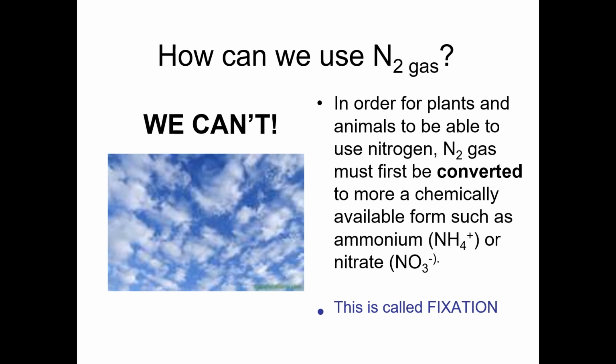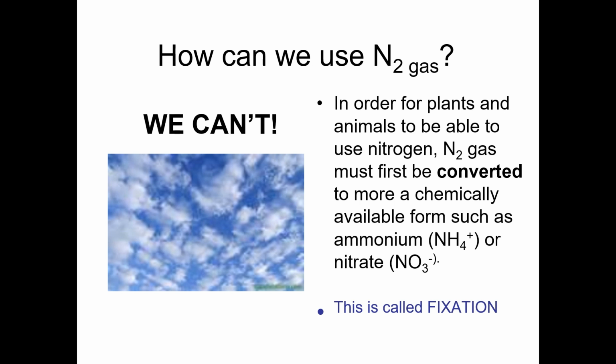As we saw in the first few slides, nitrogen gas, though it is abundant in the atmosphere, cannot be used by the plants and animals. So there should be some process or mechanism by which this N2 gas can be converted to a chemically available form like ammonium and nitrate.